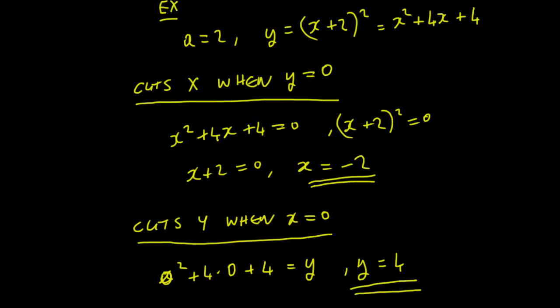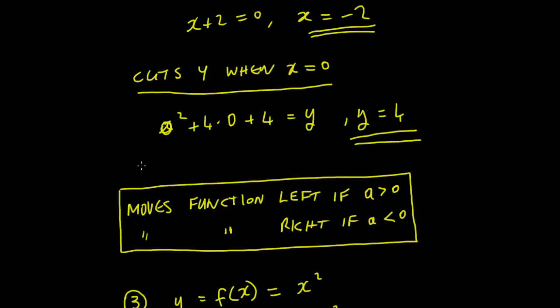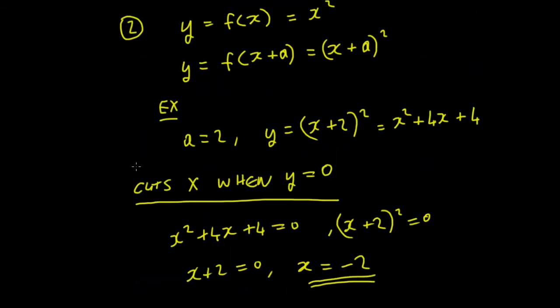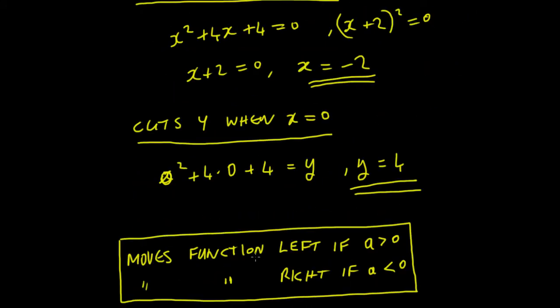Let's see if we can get smooth draw up here. Oh, there we go. So I've just put at the bottom there what happens whenever we create y equals f of x plus a, then it will move the function to the left if a is greater than 0, and it will move the function to the right if a is less than 0.